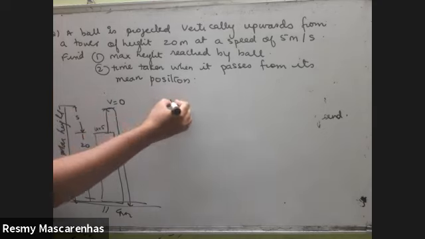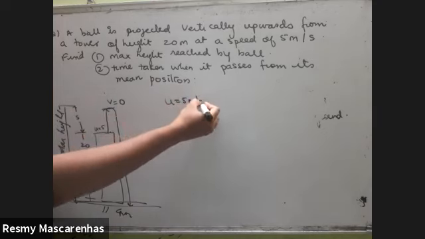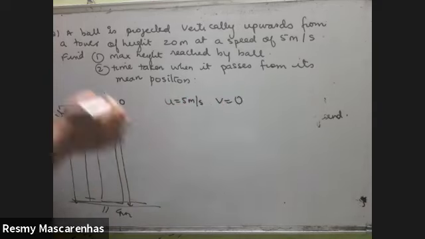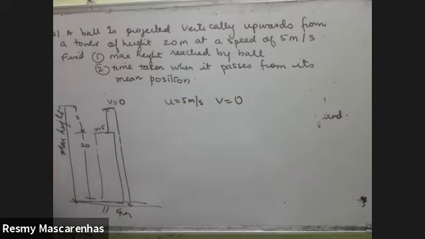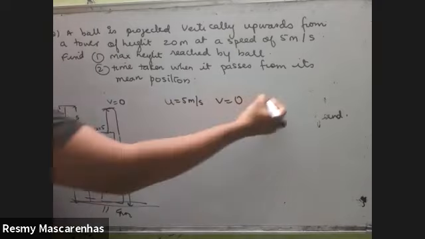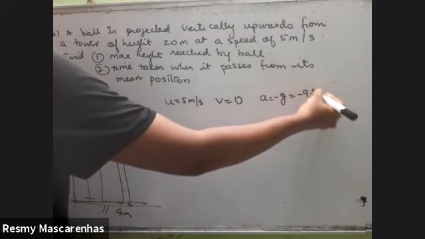So you know that u is 5 meters per second, v is 0. We don't know what the time is, but we know what g is. If they have not mentioned it, then take it as minus 9.8.